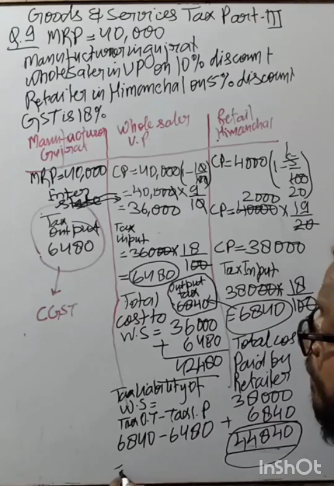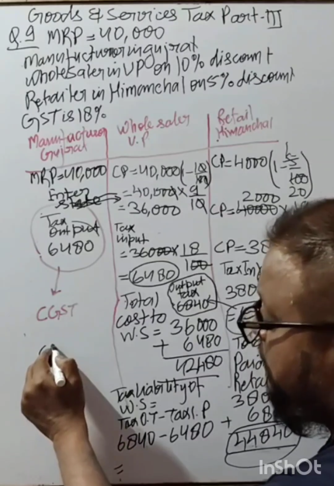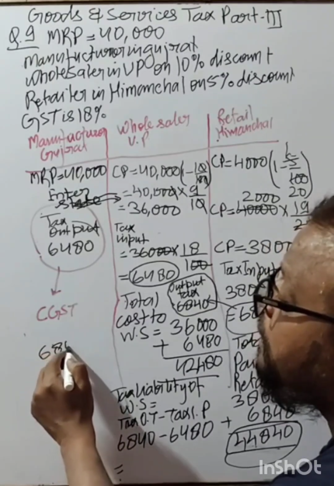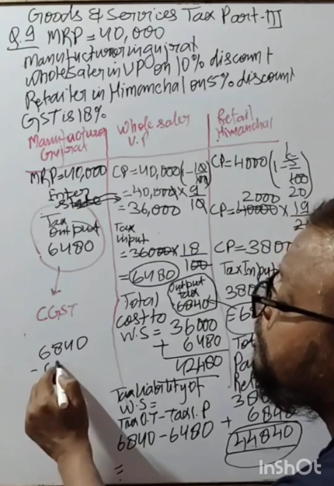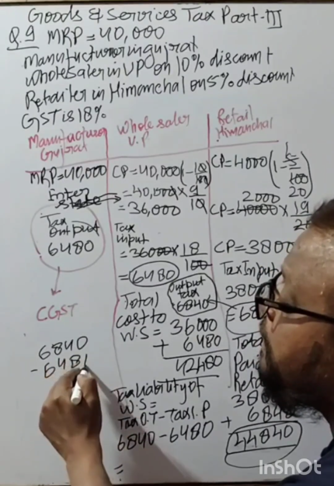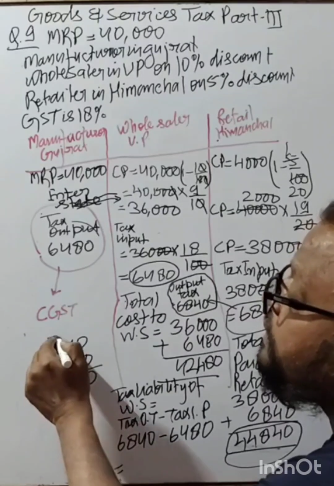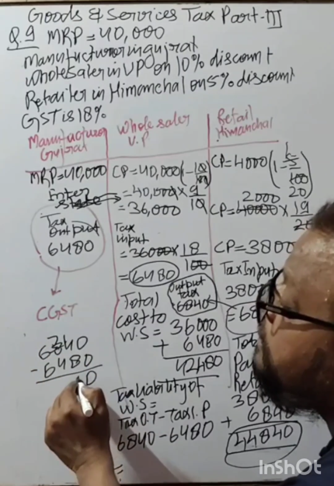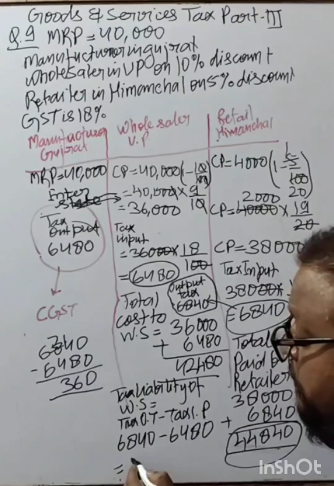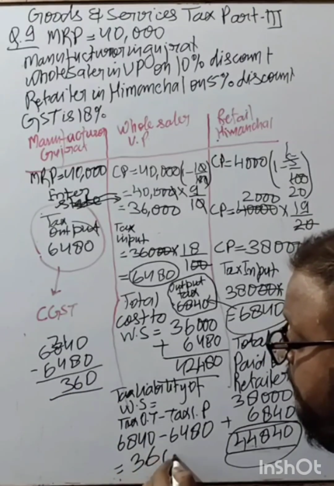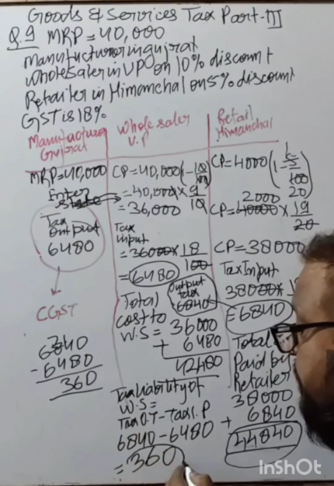Right? So what will be 6,840 minus 6,480? 0, borrow 1, 14 minus 8 is 6, 7 minus 4 is 3. So 360. Right? Tax liability is 360.